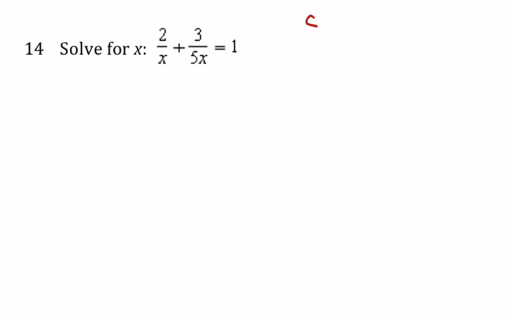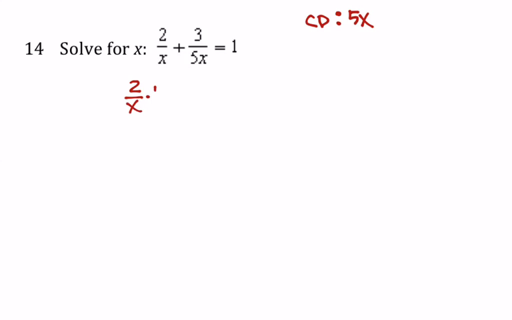How about here, number 14? What is our common denominator? Common denominator here is equal to 5x because it has to be inclusive. One is x, the other one is 5 times x. So we are going for 5 times x because that is, in other words, the least common multiple.